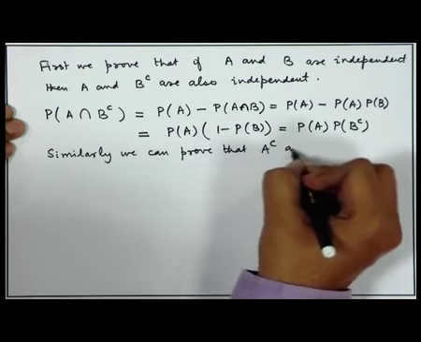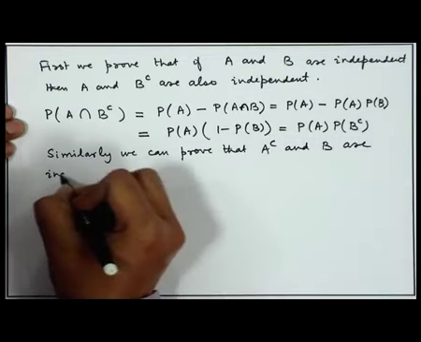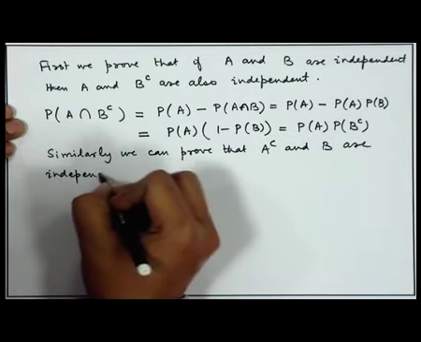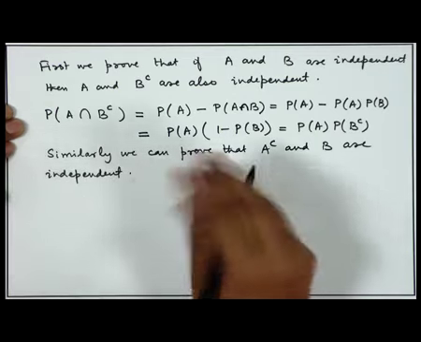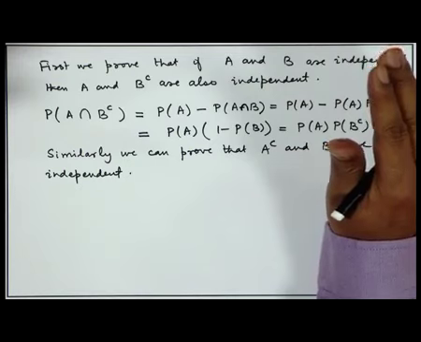A complement and B are independent. Basically, what we are saying is that if two events are independent, then if I take complement of one of them, they remain independent. If I take complement of both of them, they also remain independent.